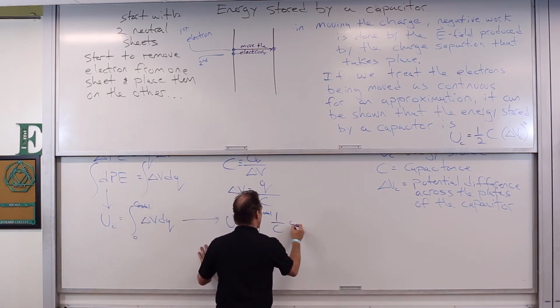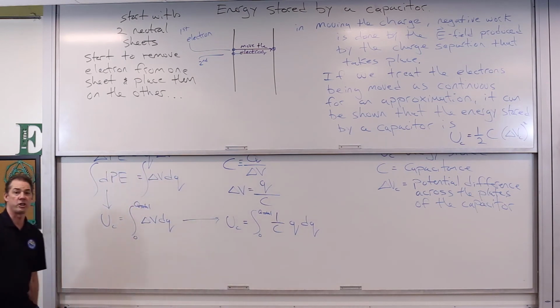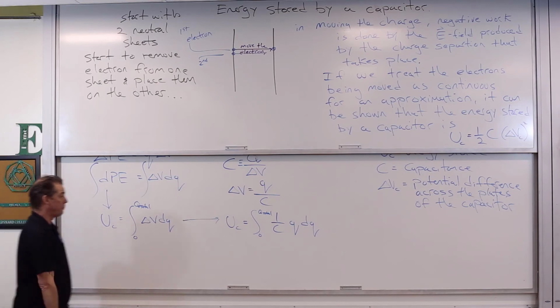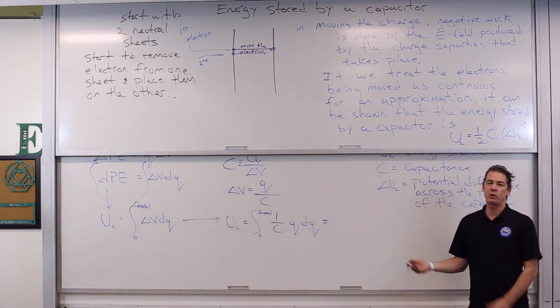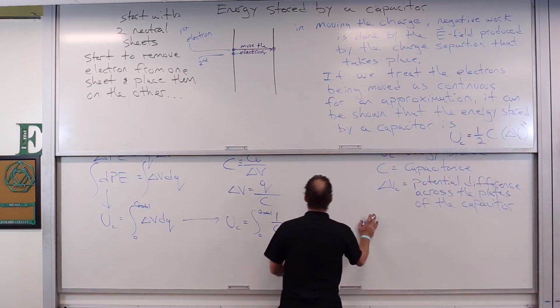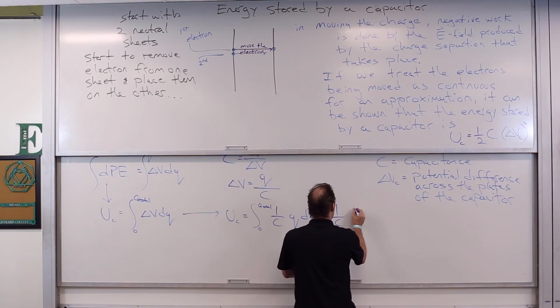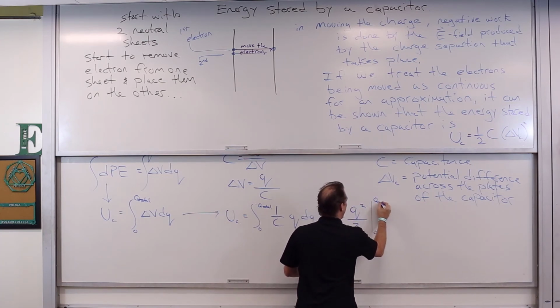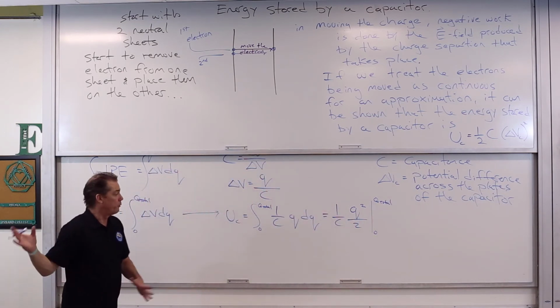We're integrating over the charge that we're moving over. Great, C is just a constant, so we can pull that out. And what's the integral of q dq? That's just q squared over 2. So we've got 1 over C times q squared divided by 2, evaluated from no charge to the total charge that we have moved over.